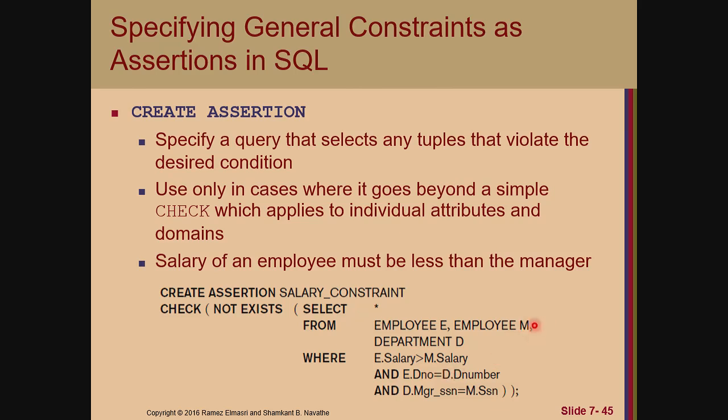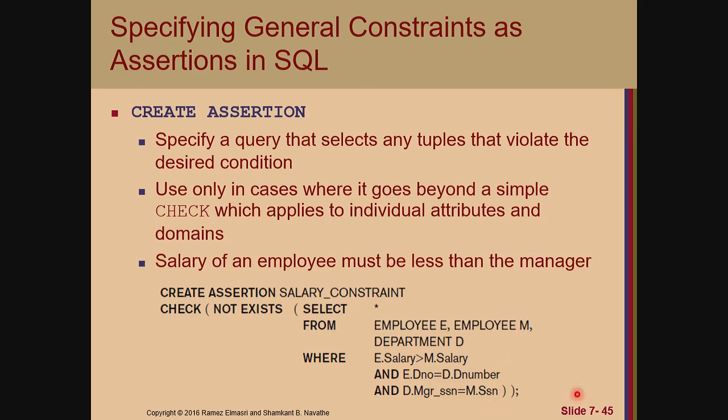M is also an employee, but now they look at employee and employee as different tables, okay? And DNO equals D dot D number, and we check the manager from the D table equal to M dot SSN. This one is the employee from M.